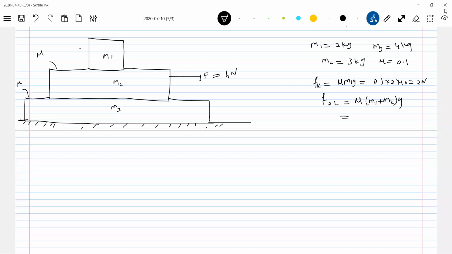I wanted to go to Pathfinder, but the way you are asking doubts, I'm a little scared to take you to the higher level problems. Still some clarity is not there. F2L is equal to how much? 5 Newton. So these are the values which we needed.